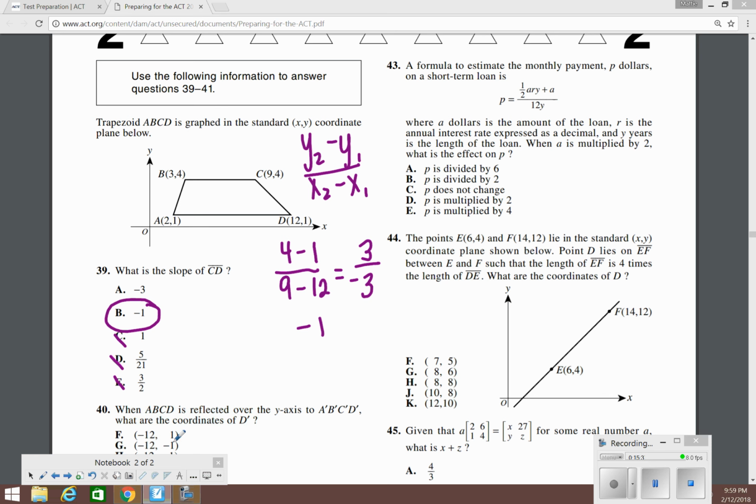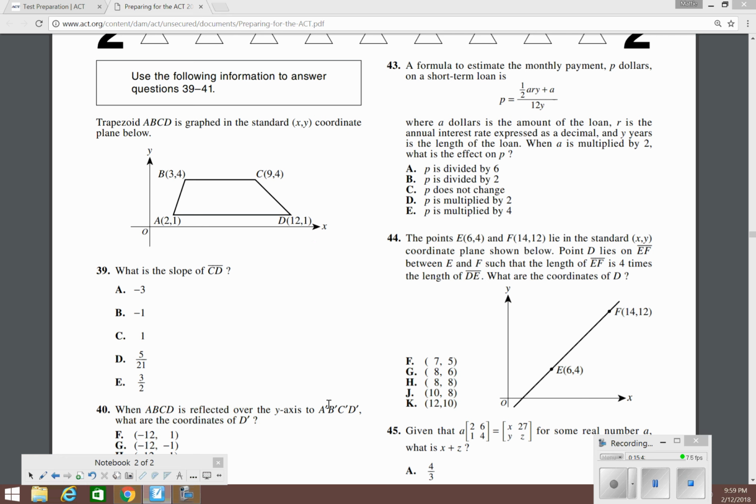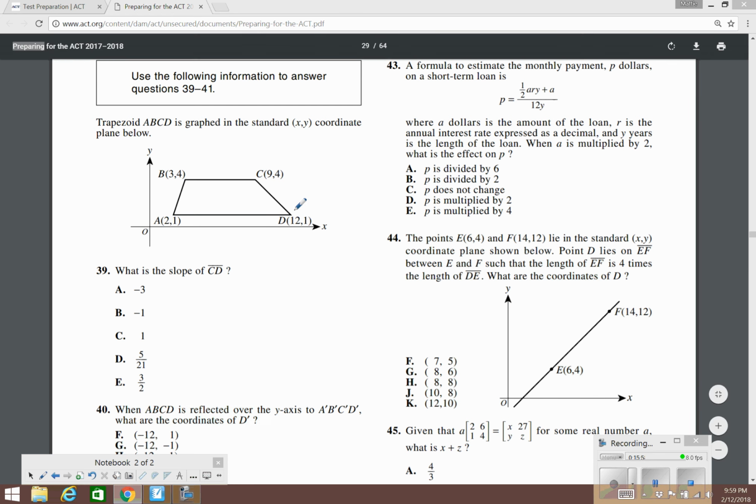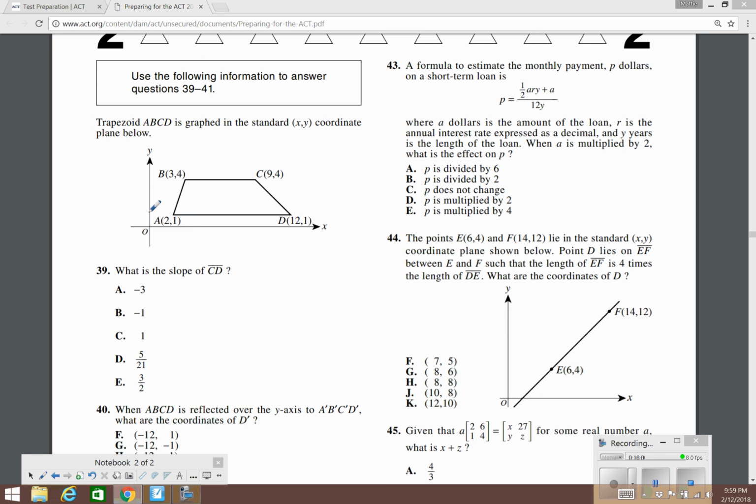Number 40 asks, when ABCD is reflected over the y-axis to the image of ABCD, that's what those apostrophes mean, the image, what are the coordinates of the image of D? So when we reflect it across the y-axis, we're looking at the y-axis as the center, and we are looking at how far away D is from that line of reflection. It's 12 units away from the line of reflection.